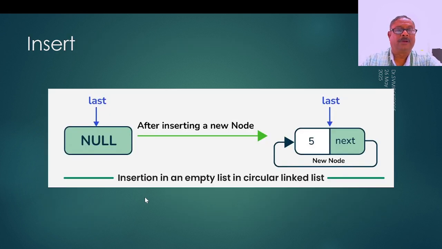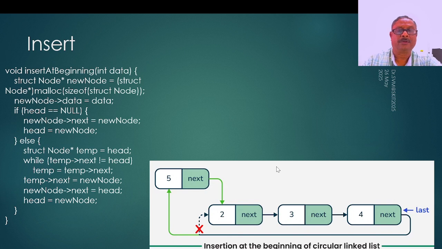Now to insert, we can begin with an empty list, and after inserting one node, it's a single node and next node is itself. If we want to insert another node, then next of this will be the new node, and then we get back to the first node.